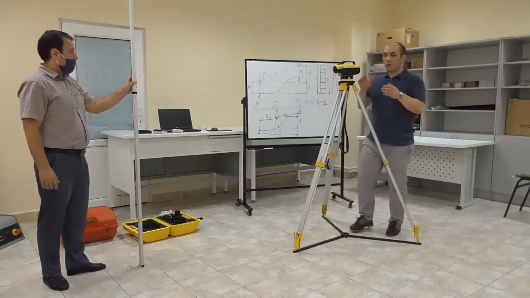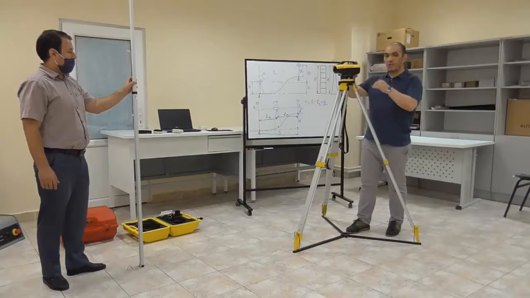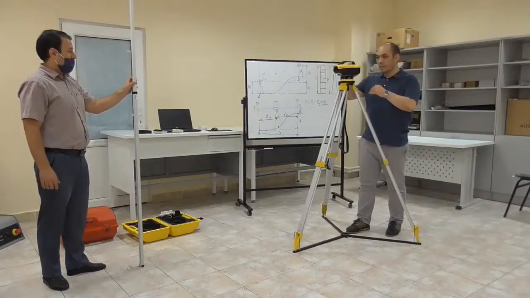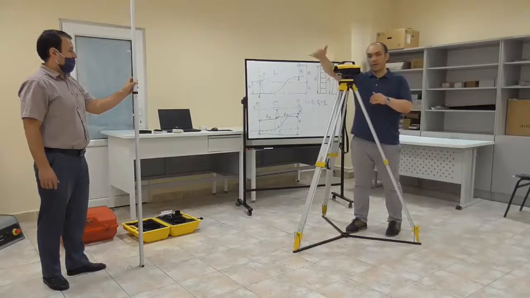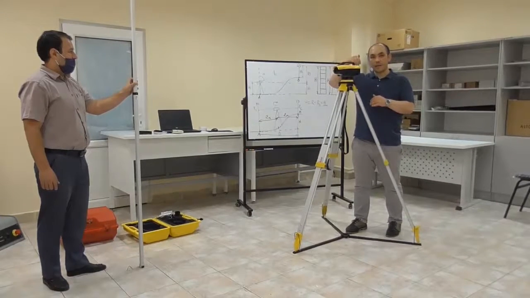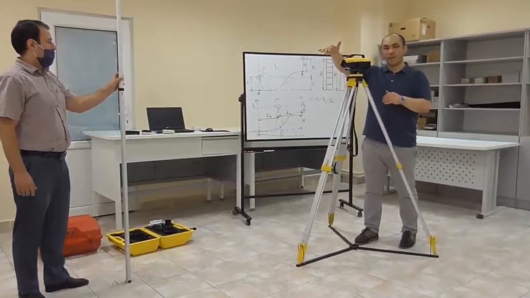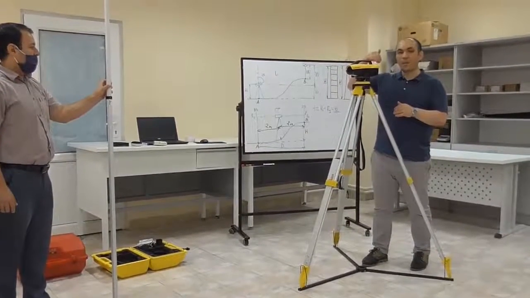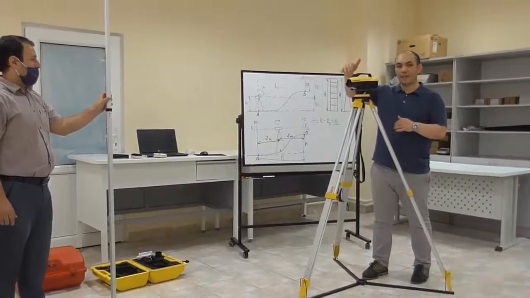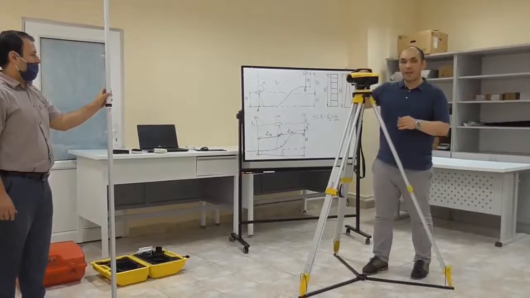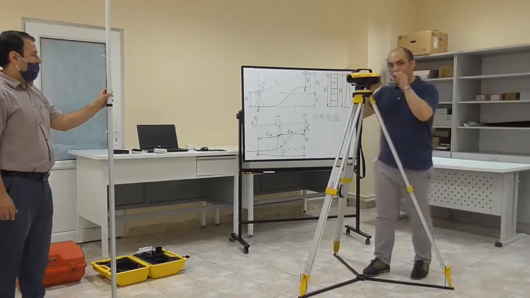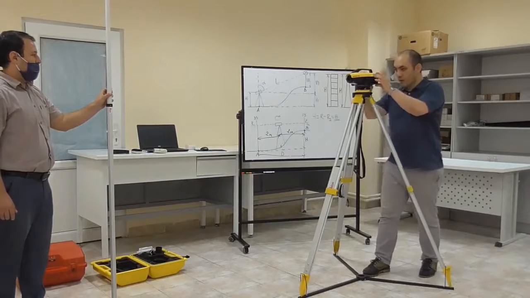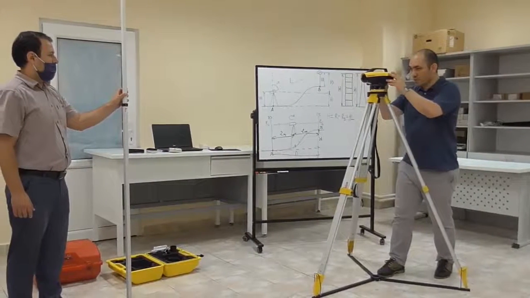So I look through the eyepiece of the leveling instrument, and I create a horizontal line of sight, and when this line of sight intersects with the leveling rod, I can take the measurement. So now I look through the eyepiece of the leveling instrument.